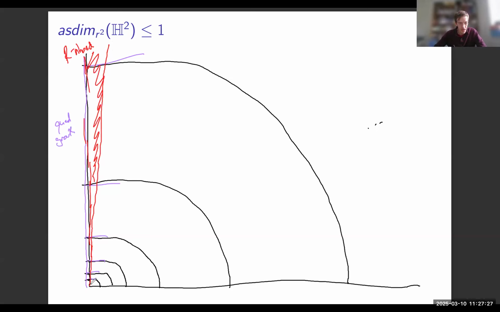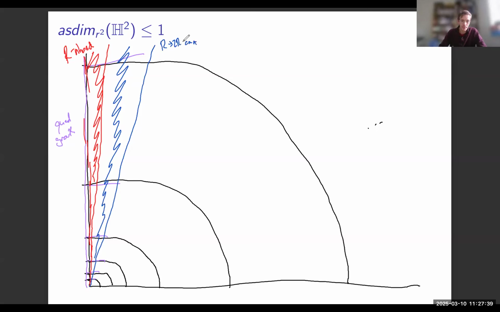And then I'll take another R neighborhood of that, thing like this. Okay, so that's the R to 2R annulus around it. Right, and so that's going to be the first two pieces.